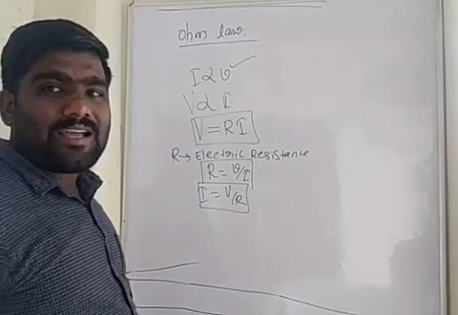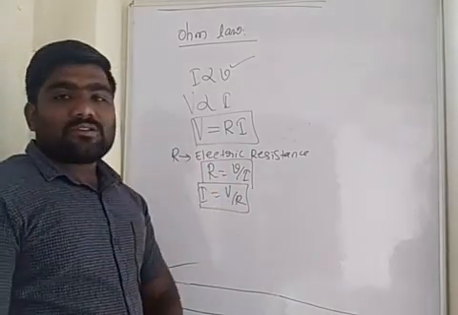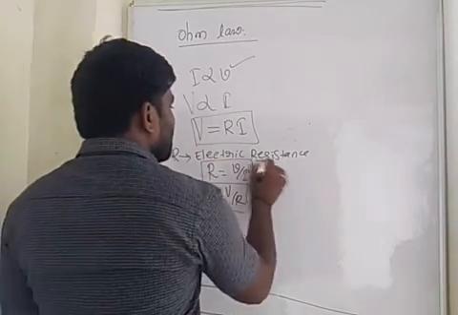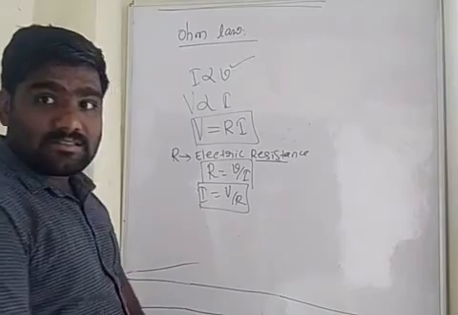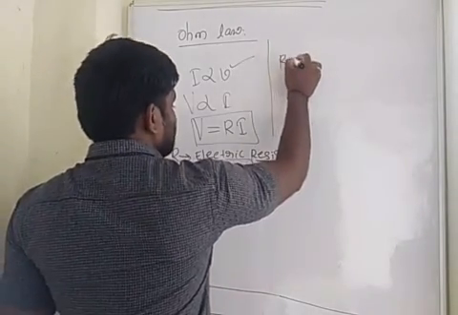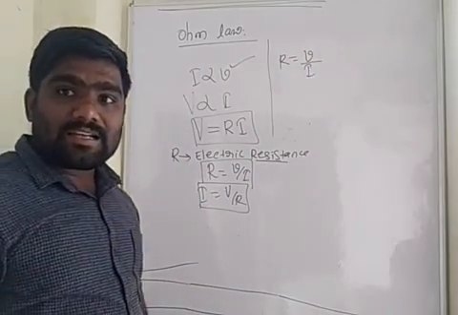V is equal to IR or else RI. So R is equal to V by I and I is equal to V by R, where R is called your electric resistance.